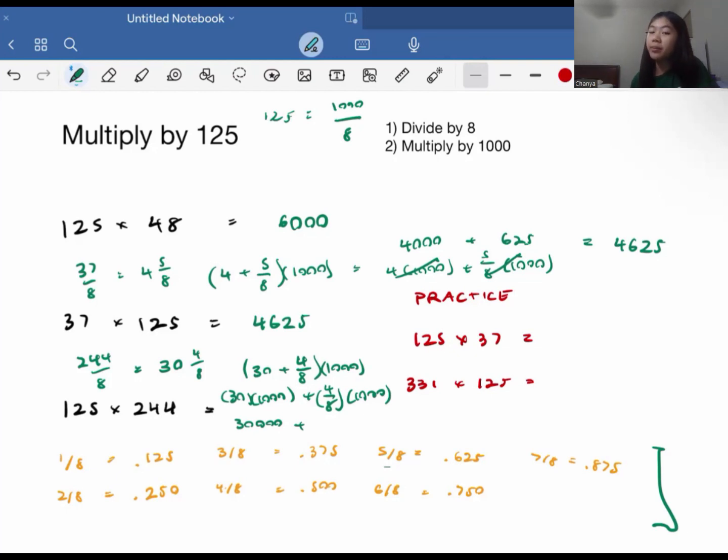And when you multiply 0.5 times 1,000, you just get 500. So that is going to be 30,000 plus 500, and this is going to be 30,500 for your final answer.